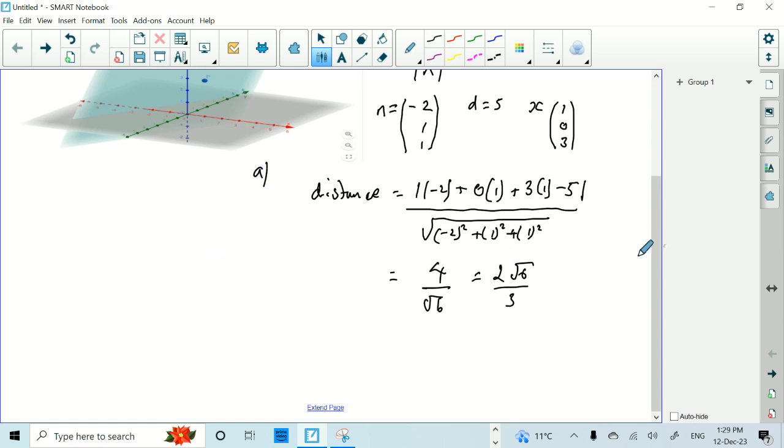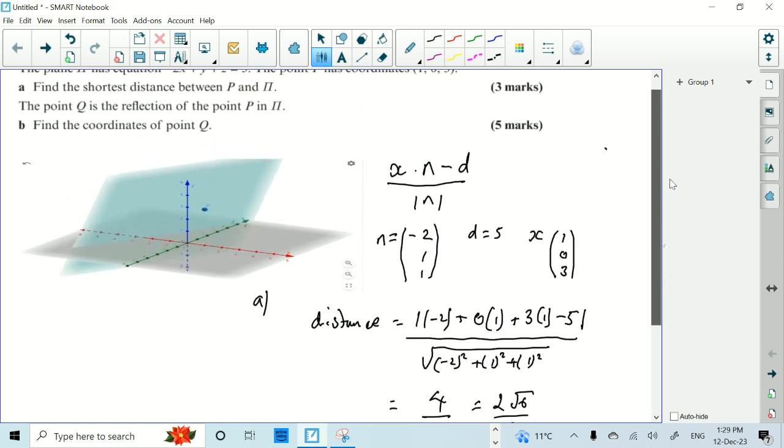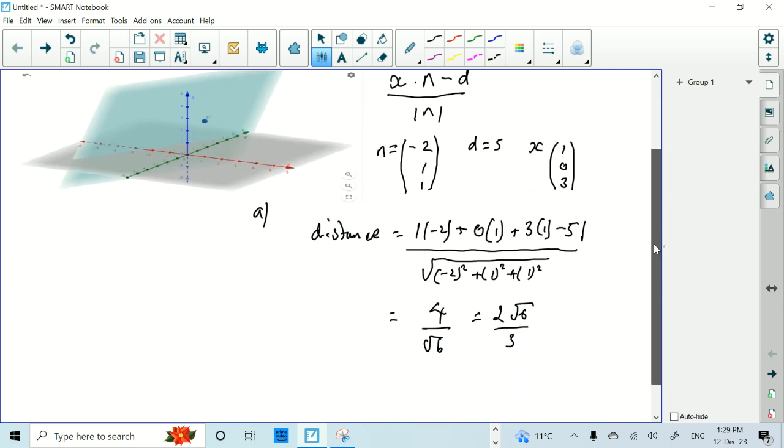Now for part B, where it says find the coordinates of point Q, we know that the line segment along the shortest distance from P to the plane is the normal to the plane. And its distance is what we just found, which is 2 root 6 over 3.